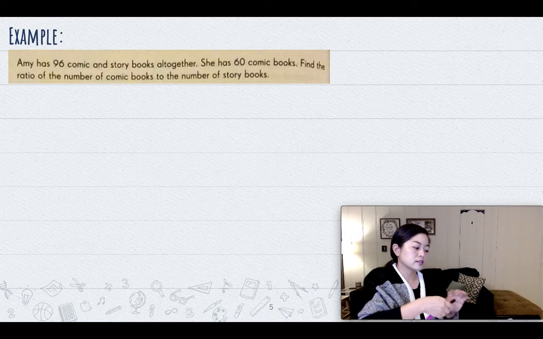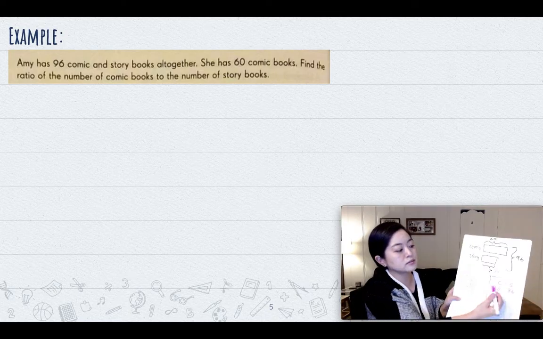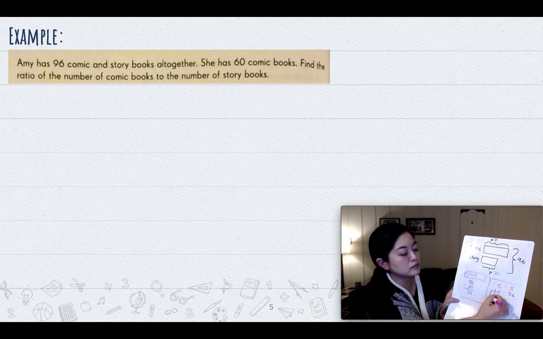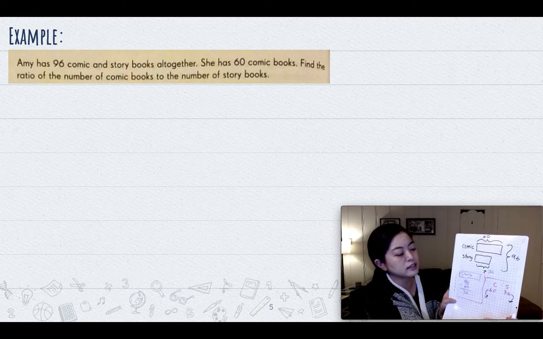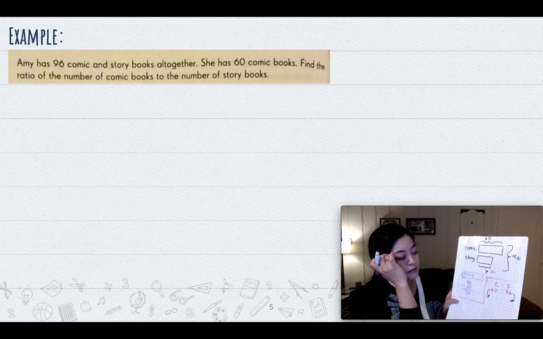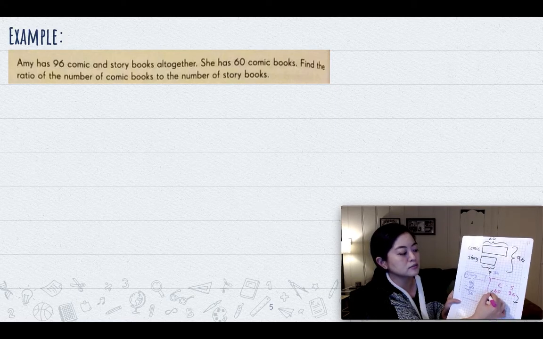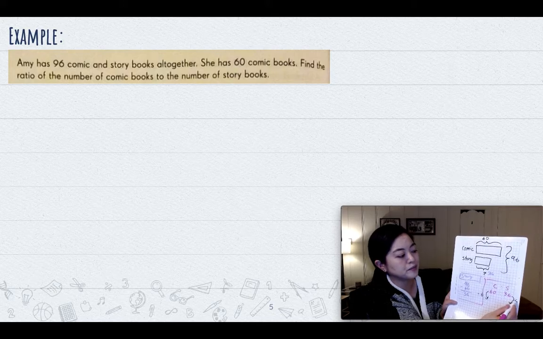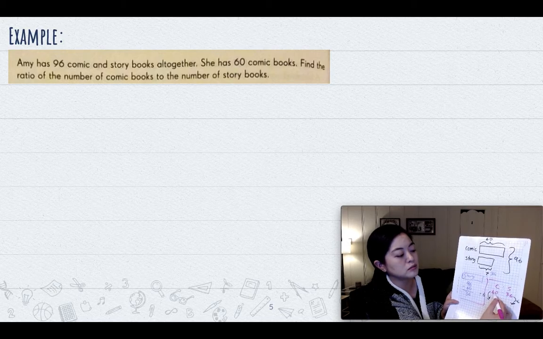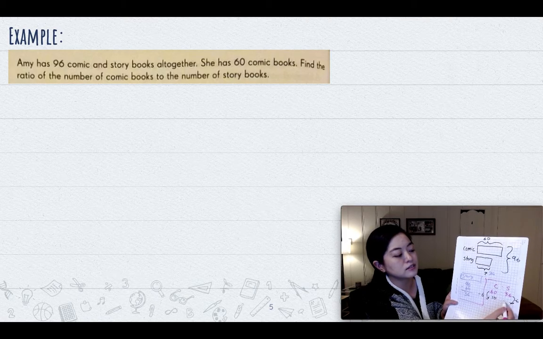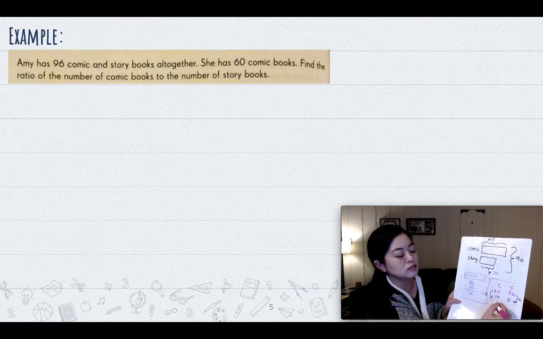So let's take a look and see what happens. What's a common factor that you see? Well, I can divide the first and second term by 6. So 60 divided by 6 is 10, and 36 divided by 6 is 6.